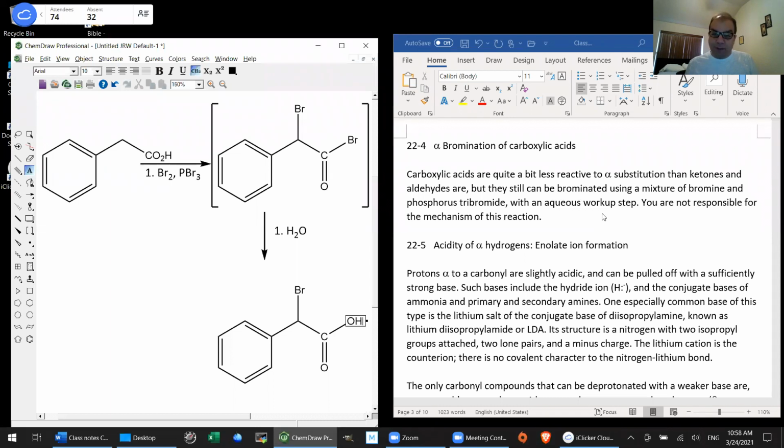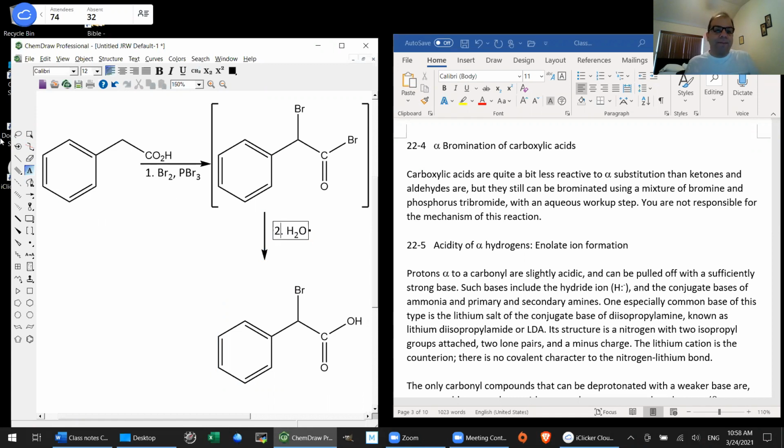So you're not responsible for the mechanism of this reaction. It says it right in your class notes. I would like you to be aware that this does go through the acid bromide. However, the final product is not going to be that.